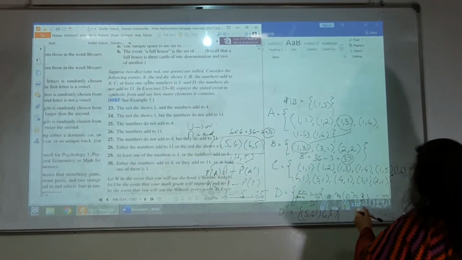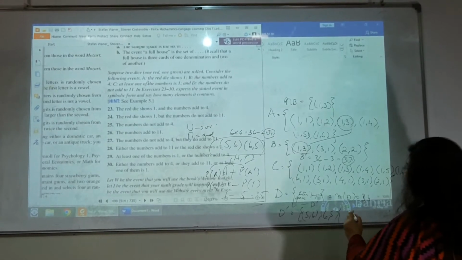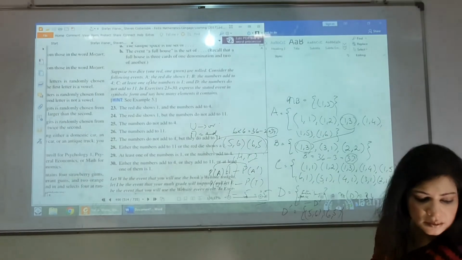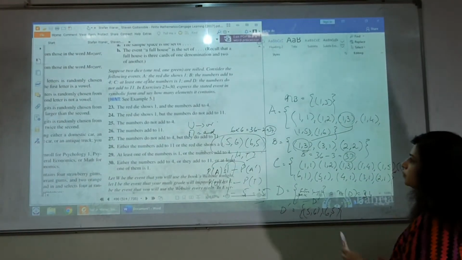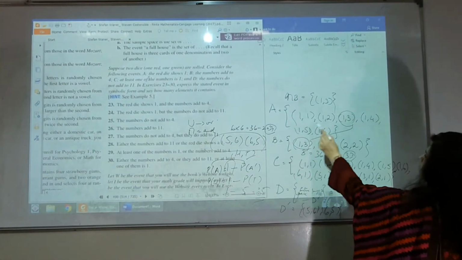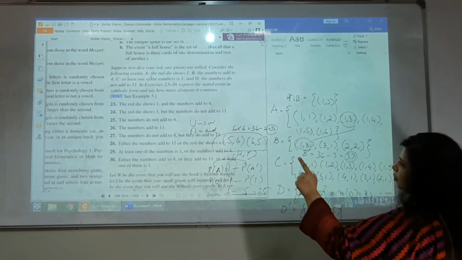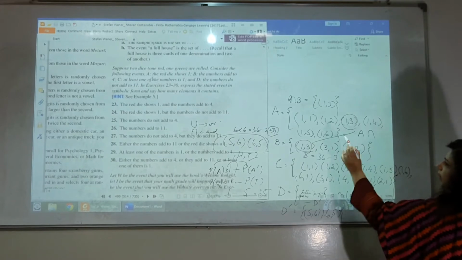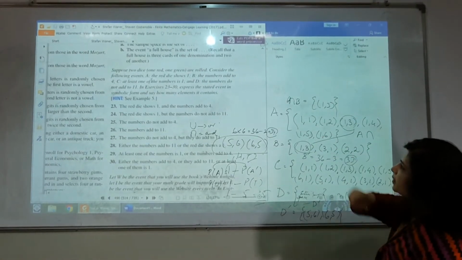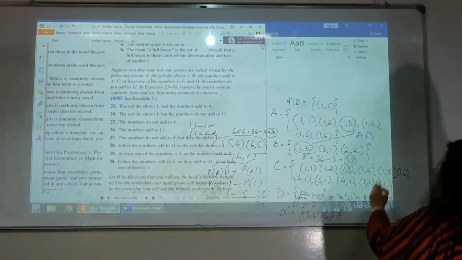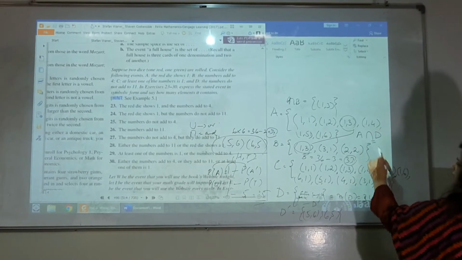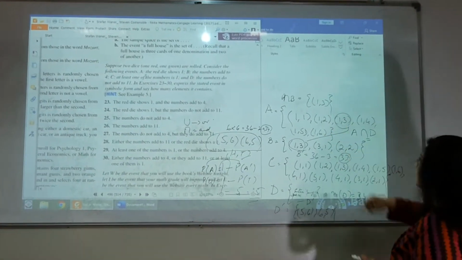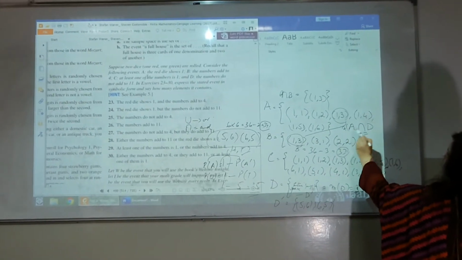And in this case, as you can see, all these numbers would be the red die that shows 1. So I'm going to be having again A intersection D. In that case, our entire sample space will be consisting of all these possibilities. So in this case, n would be 6.